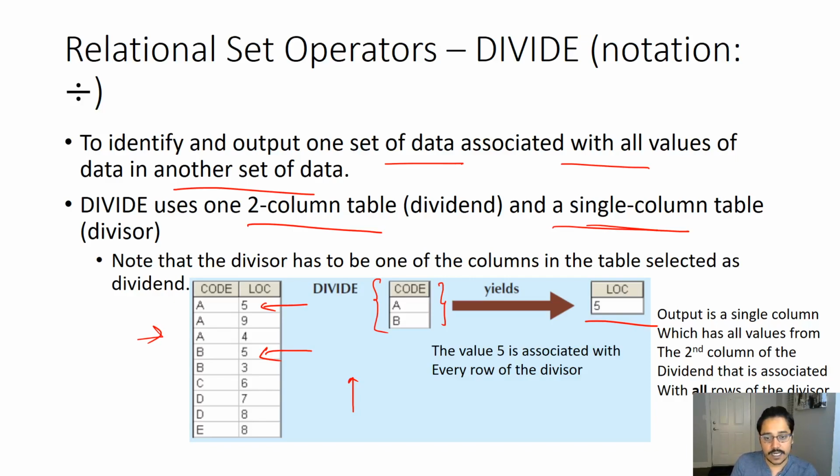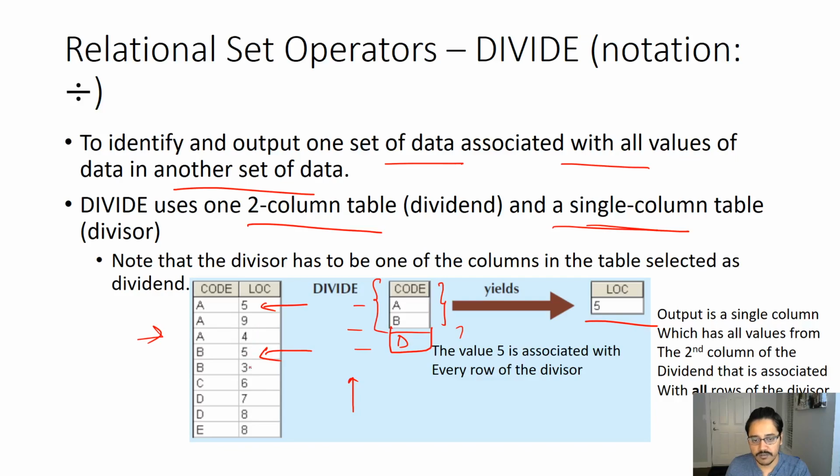Other than that, let's say if we had added D, okay, in addition to A and B. Then what would have been the output? We would have to find whether there is any location which hosts A, B, and D altogether. A is hosted in 5 and 9 and 4.